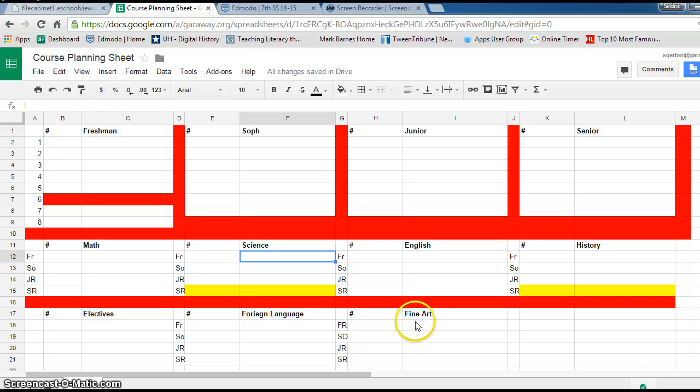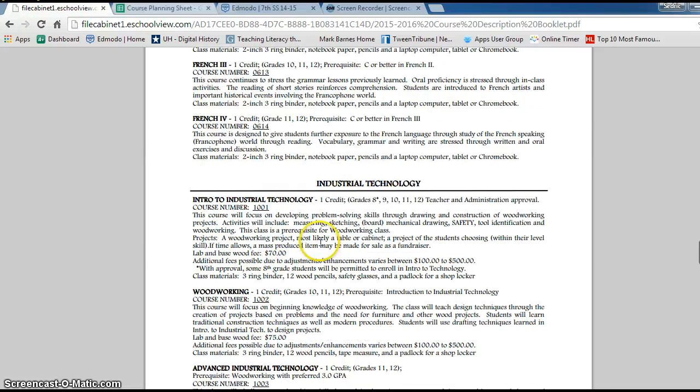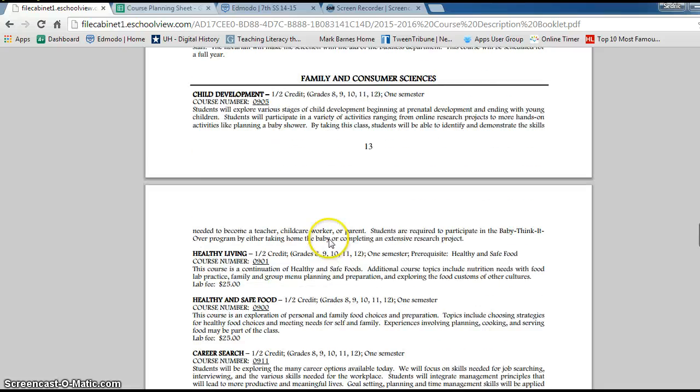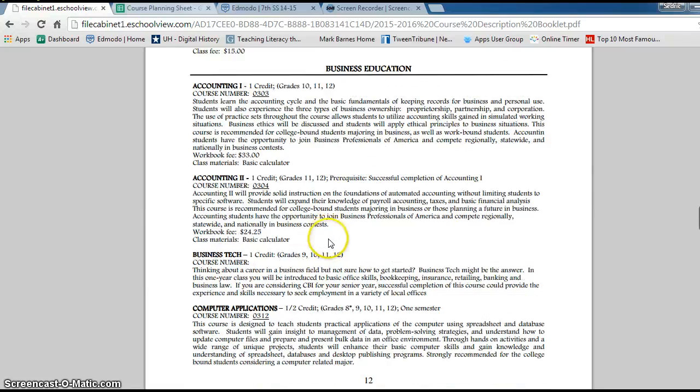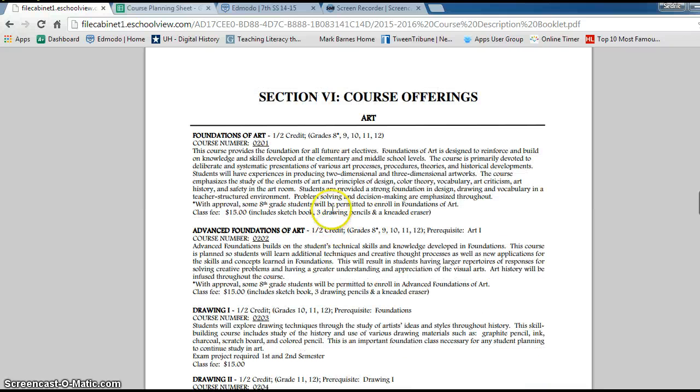Now, you got to figure out, where am I going to get my fine art credit from, and when am I going to take that? One thing I do want you to be careful with is the arts, and I'll scroll up here to the art section, because many of those arts have a prerequisite, and it's right here. If you want to basically take anything in art, you have to first start with Foundations of Art. Foundations of Art is a half a credit.